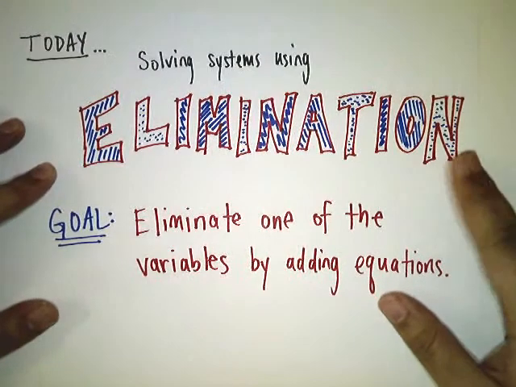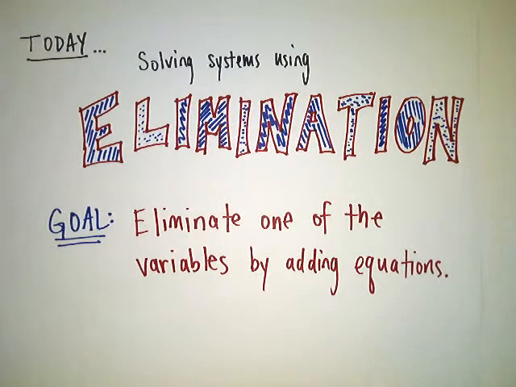Today we're doing something slightly different, and it tends to be a big student favorite in terms of the ways for solving systems. It's BAM! Solving systems using elimination. Our goal here is to eliminate one of the variables by adding equations. Again, we're solving systems using elimination, and our goal is to eliminate one of the variables by adding equations.